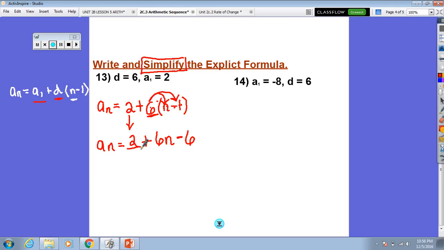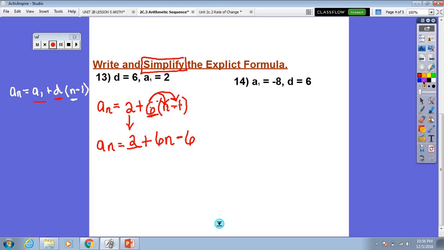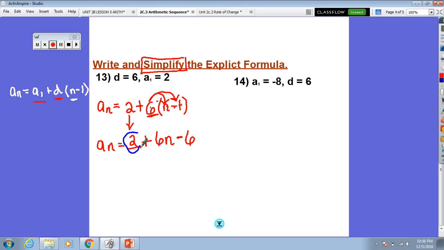In this example, we can combine the numbers, which are 2 and negative 6. Since this term has an n on it, I cannot combine it with any other term. So I'll just bring down the 6n. And when we combine these two terms, we're going to have 2 minus 6, which gives me negative 4.